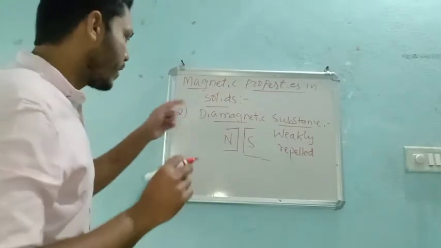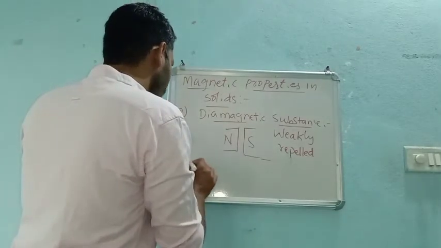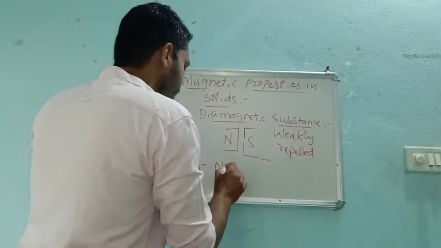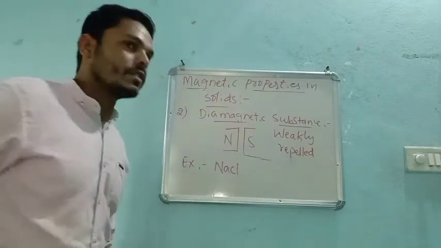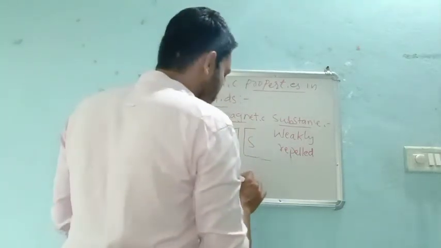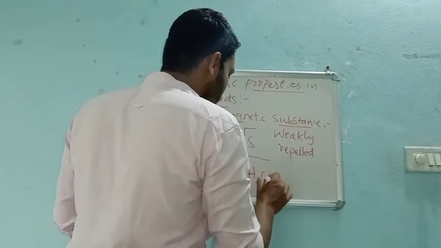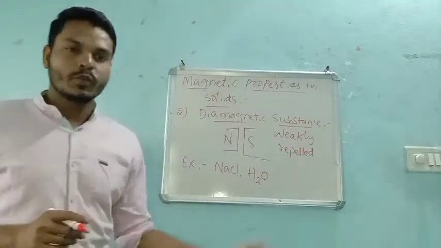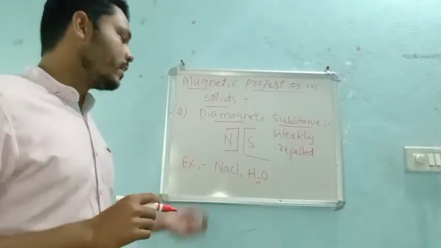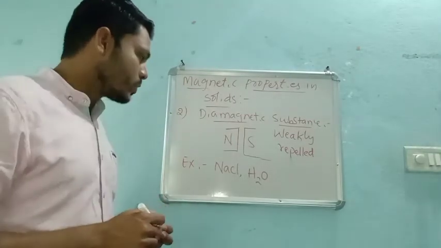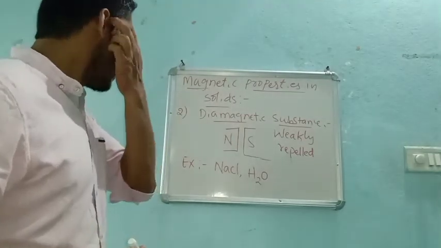And for diamagnetic, we all know very easily, table salt NaCl is the best example. And one more thing, that is the water molecule. These two examples we can remember very easily, because we use these compounds daily, right?